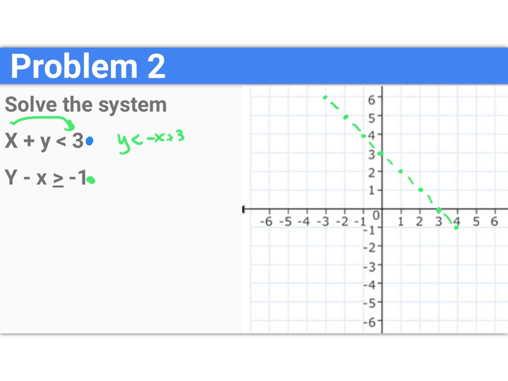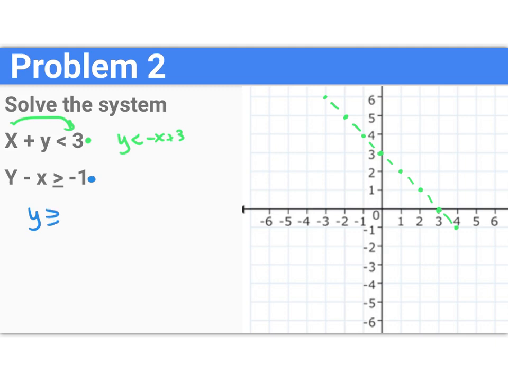And then, okay, I was supposed to graph that in blue, I'm sorry. Let me change both of these. I'll make this one green and then this one blue. So now we're all good.